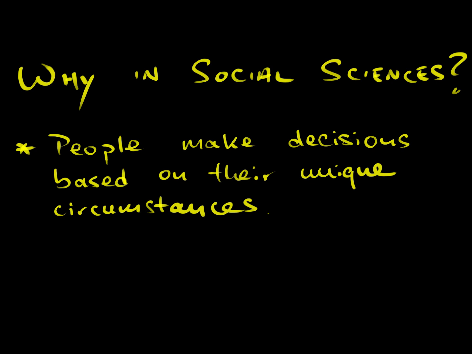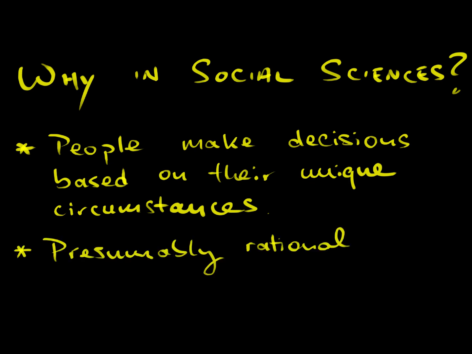The people are making decisions based on their circumstances, and presumably, often, people are being rational. So if they're making different decisions in the same circumstances, we have to wonder what is going on.